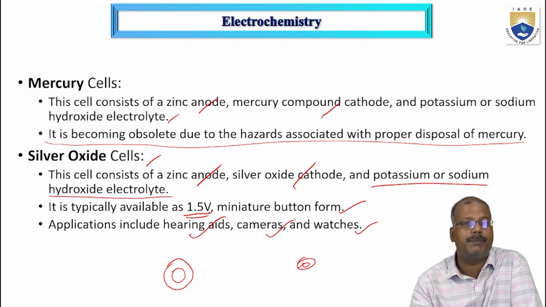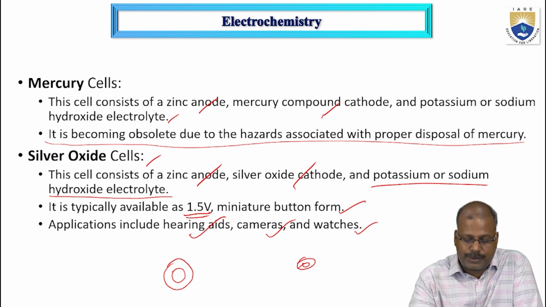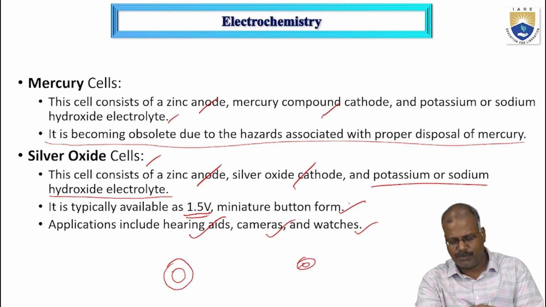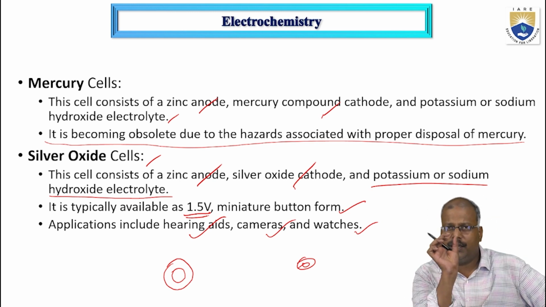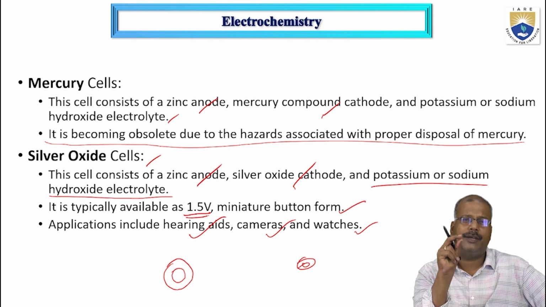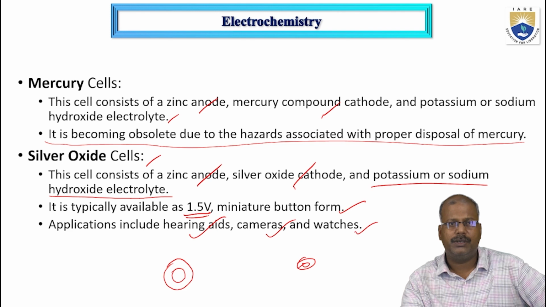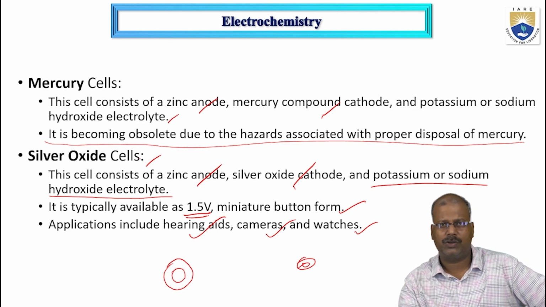So for a specific purpose, this is highly useful. You can see it in cameras and watches also, where it is a small area and your battery has to fit in it. So it is a very good usage of silver oxide cells.